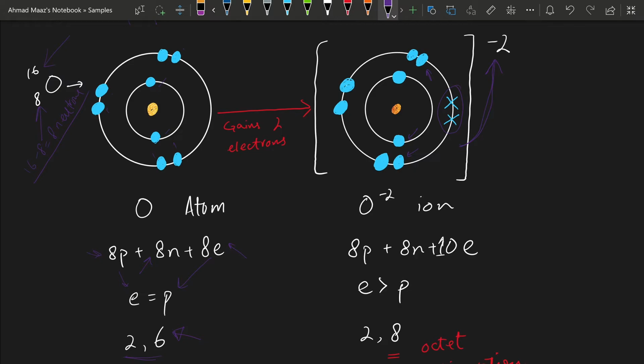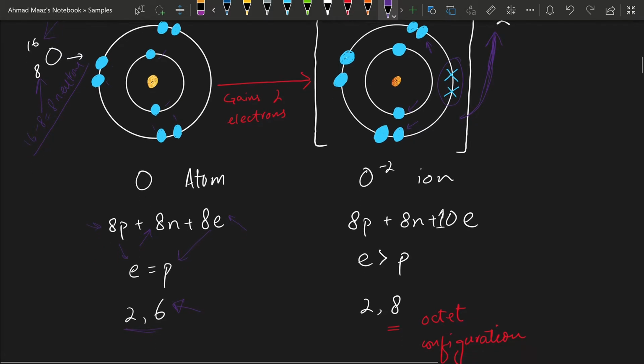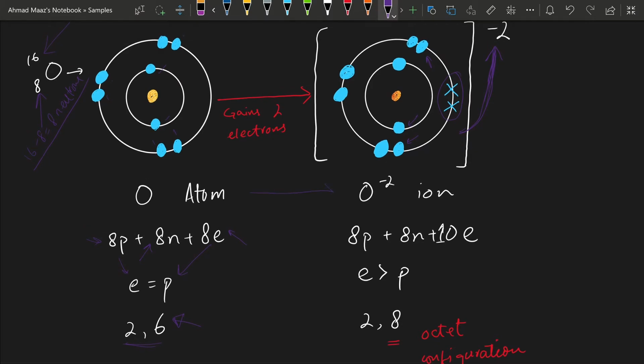That is why we'll have a net charge of -2 because 2 electrons are being added. And it will be written as O minus 2 because obviously 2 more electrons, and the oxide ion is O minus 2. Now look at what happened to this proton, neutron, electron.